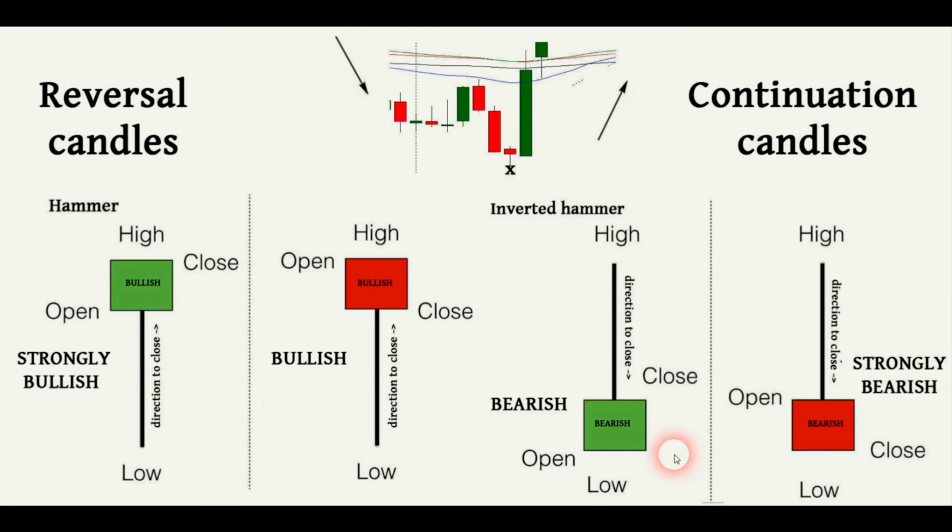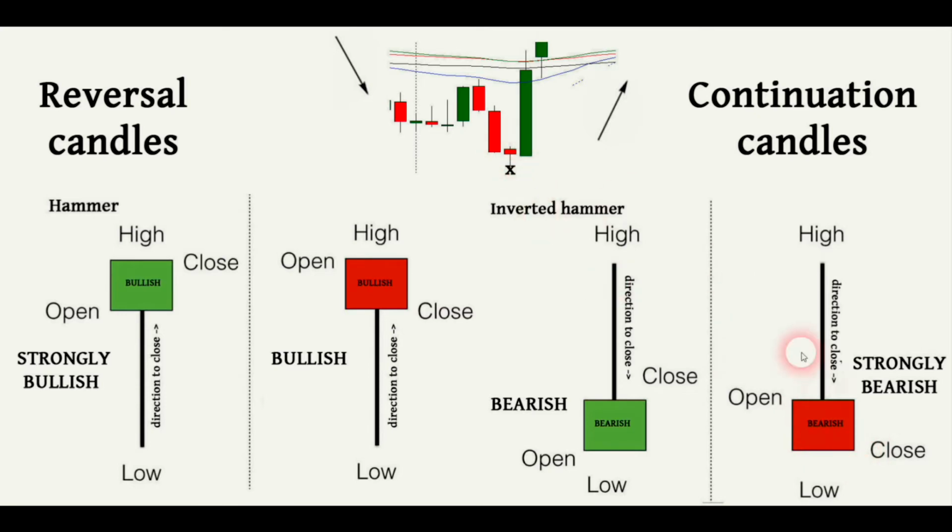An even stronger bearish signal is the bearish inverted hammer, which again, following this example here, this was X, this candle is opened here, the bulls have pushed the price higher immediately, but then the bears have stepped in and they've pushed the price back down, back to the open, and they are now pushing the price past the open to this close here.